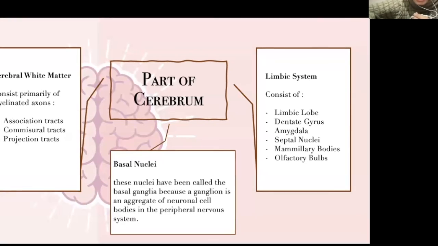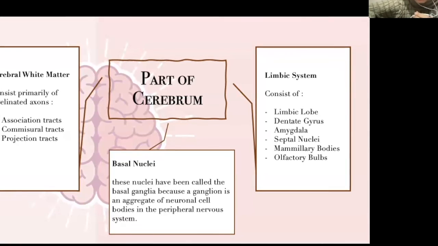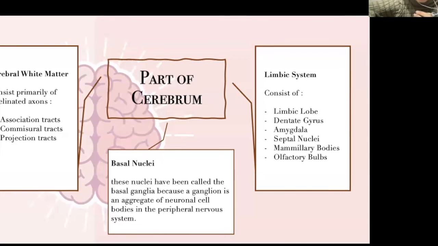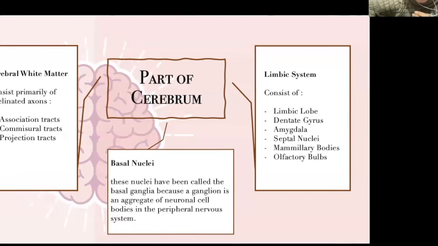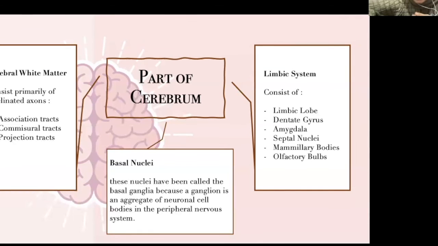The mammillary bodies of the hypothalamus are two round masses close to the midline near the cerebral peduncles. And the last one, the olfactory bulbs, are flattened bodies of the olfactory pathway that rest on the cribriform plate.